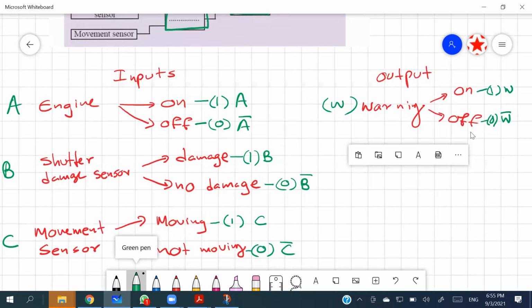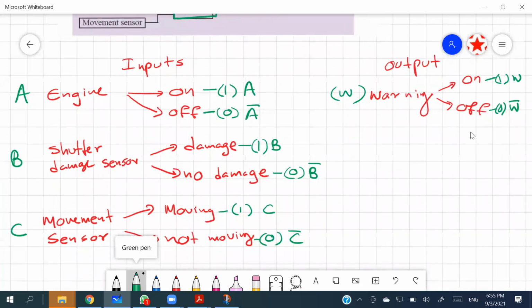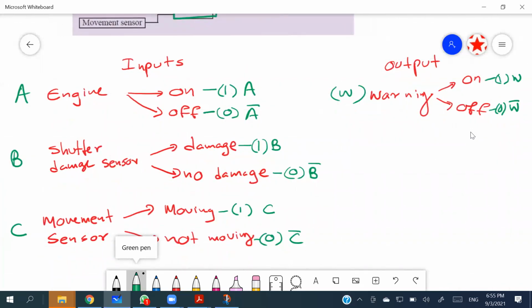Right? So, people, is it clear up to this point? These are the inputs and outputs. These are the states. Any questions regarding this?